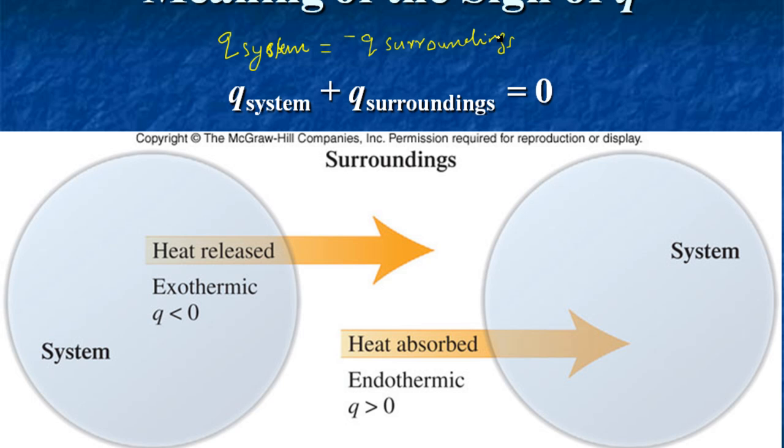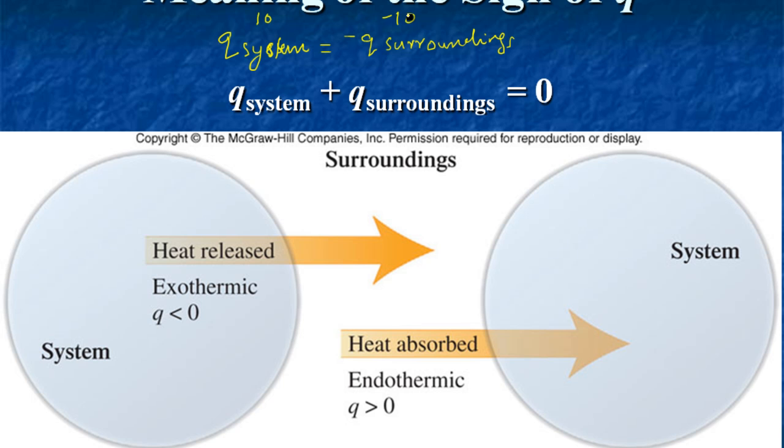So Q of the system has to be the same number as Q of the surroundings, but with a negative sign. And when you add those two, you should get 0. Let's say, for example, Q of the system is 10, then Q of the surroundings is negative 10. When you add them, what do you get? 0. That's what this means mathematically.